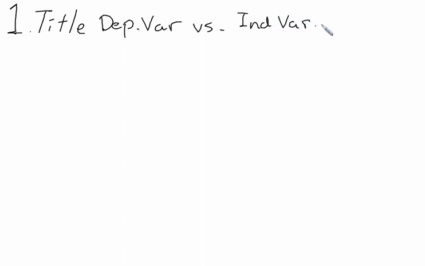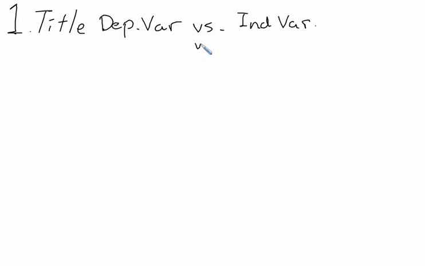Now, if you don't know the difference between a dependent variable and an independent variable, consider this example. If we were to do a lab where we saw the effect of temperature on the speed of a reaction, the one thing that you can change is the temperature, so that's going to be your independent variable.